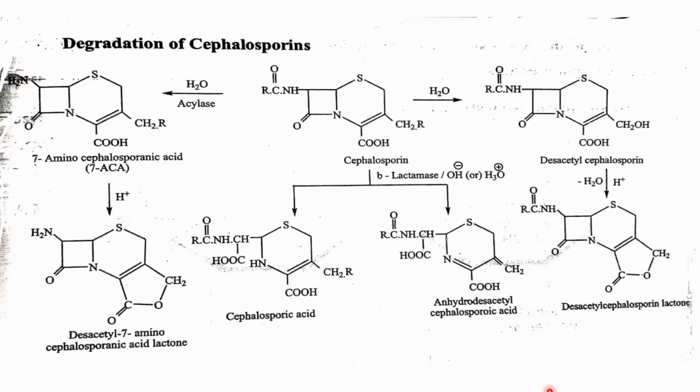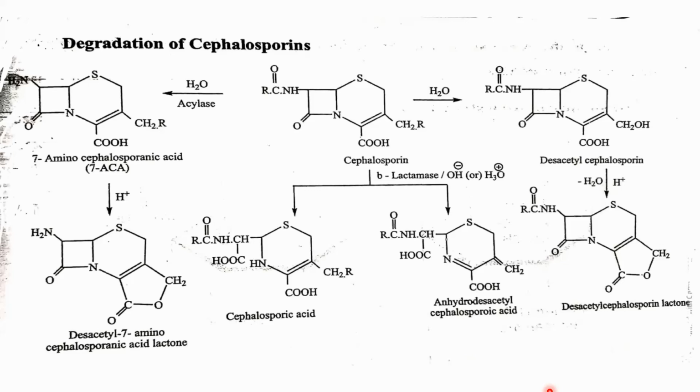Next is the degradation of cephalosporin, or the breakdown of cephalosporin. In the PCI syllabus, the degradation and metabolism of beta-lactam antibiotics were mentioned. So here you can see on the screen how this cephalosporin will break down due to different media, either acidic or basic medium or water, or in the presence of different enzymes.